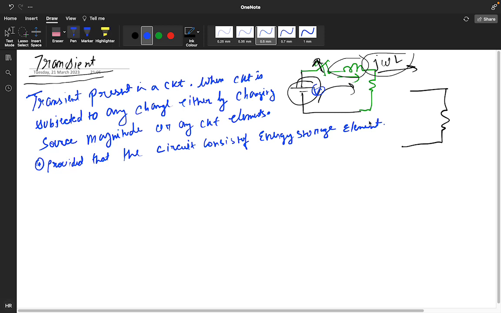So you will understand in a better way, don't worry. Like inductor and capacitor. This is a very important point, because inductor does not allow sudden change of current.